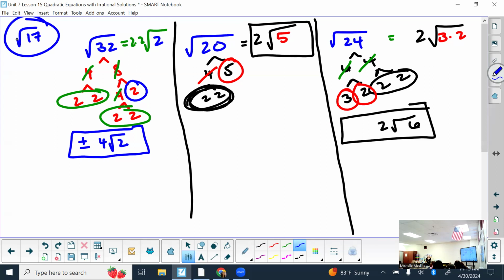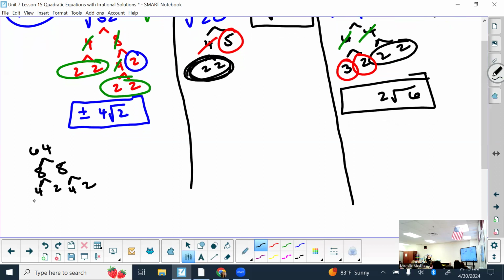But what I meant was if you have a factor tree, so maybe you forget that 64 is a perfect square and you go through this process to break it down to prime numbers. When you start looking for your pairs, crossing out the non-prime numbers, don't look at those.